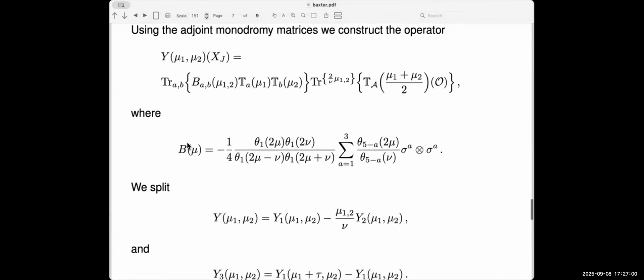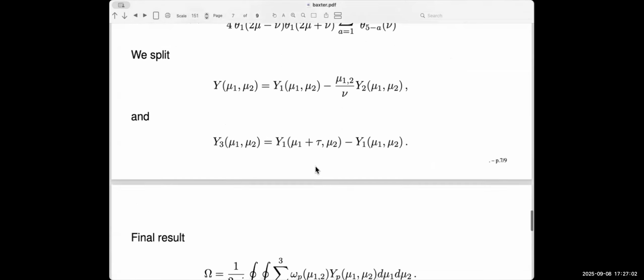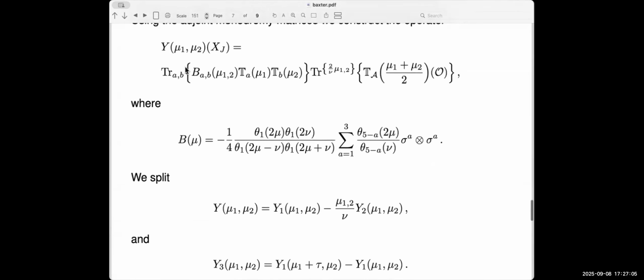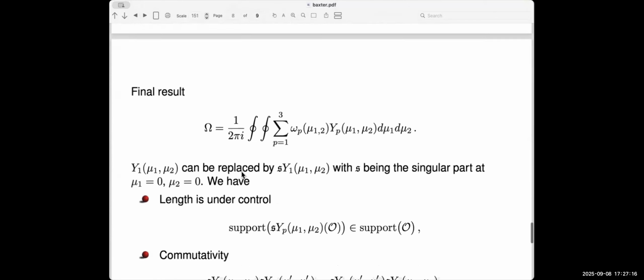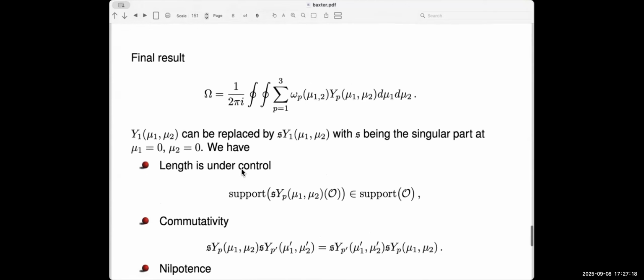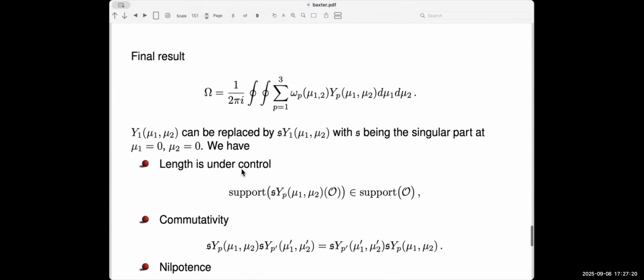And B is something given by these theta functions, and then this y I split into 3 parts: y1, y2, and y3. And the result for the computation of the correlation function is that I had this e to omega applied to a local operator, so omega is given here.